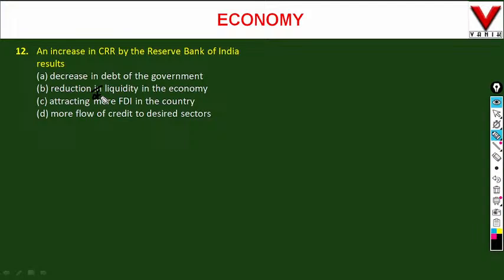What is an increase in CRR? First, let's understand what CRR is. CRR, cash reserve ratio.